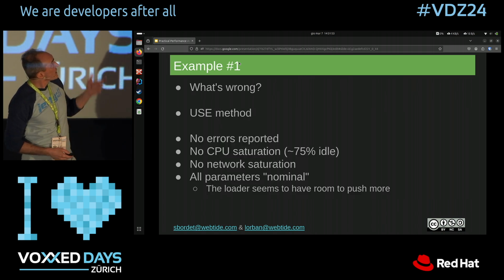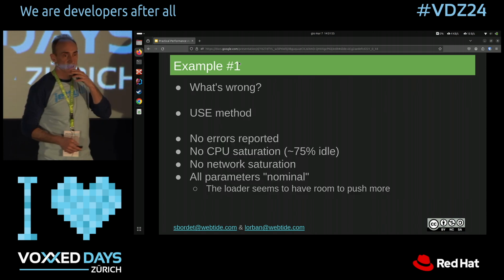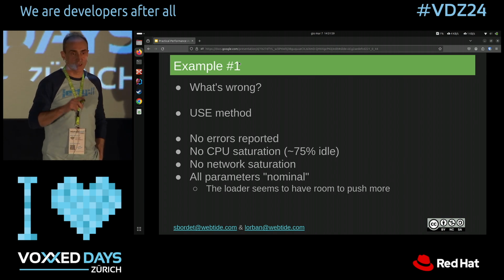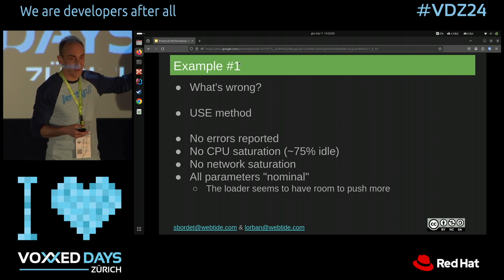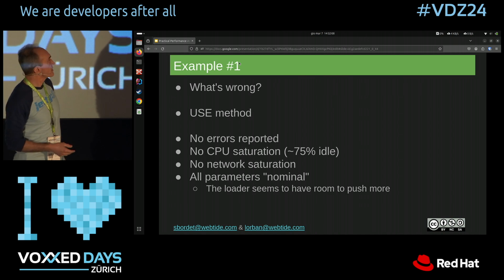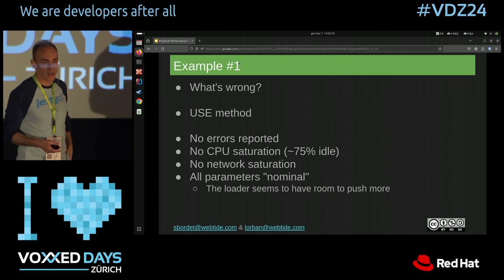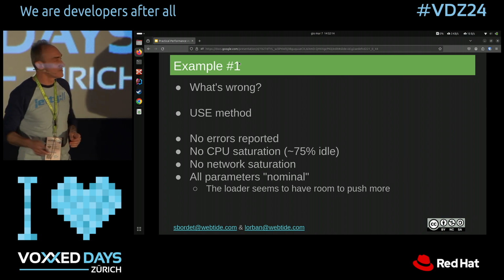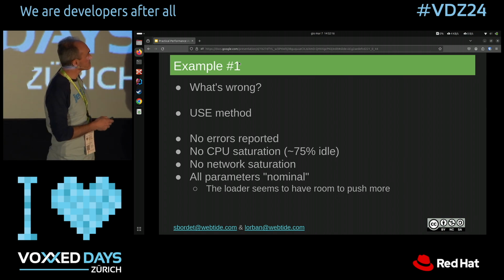And so we check with the USE method and we see no errors. We see no CPU saturation, because the server and the client were okay. I mean, those figures for CPU were on the client, and the network is not saturated, and all the parameters are nominal, the system seems to work really fine. But why do we have that wobbly figure for the client?